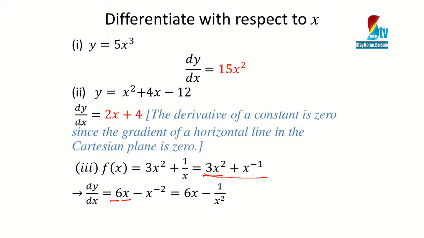Then we multiply by the index, so it's going to be negative 1 times 1, which gives us negative 1, and then negative 1 minus 1 gives us negative 2. So we have now our derivative as 6x minus x raised to the power negative 2. When we write our final answer, the x in the second term should have a positive index, so it's going to be 1 over x squared.